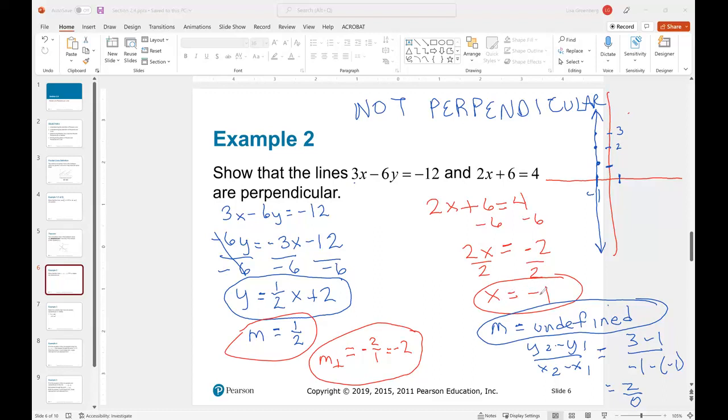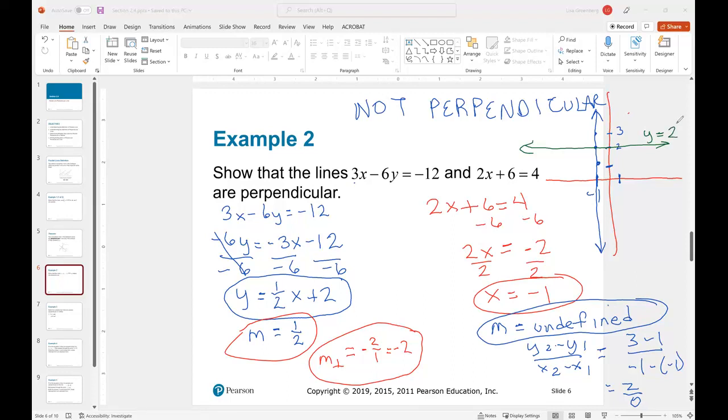The slope of the line perpendicular to x equals -1, I think it's best if I draw it, would be a horizontal line, right? And any horizontal line is y equals some value. And here, y equals 2.